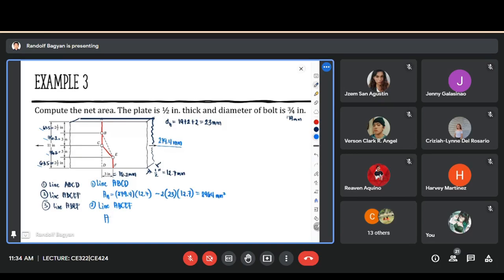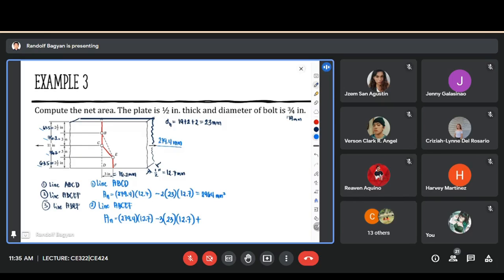So, net area is equal to our gross area, that's 279.4 by 12.7 mm minus ilan yung ating butas, holes yung dadaanan, tatlong butas from B, C, and E. That's diameter of hole, 23. I hope you guys are with me. Okay, na-minus na natin yung tatlong butas.